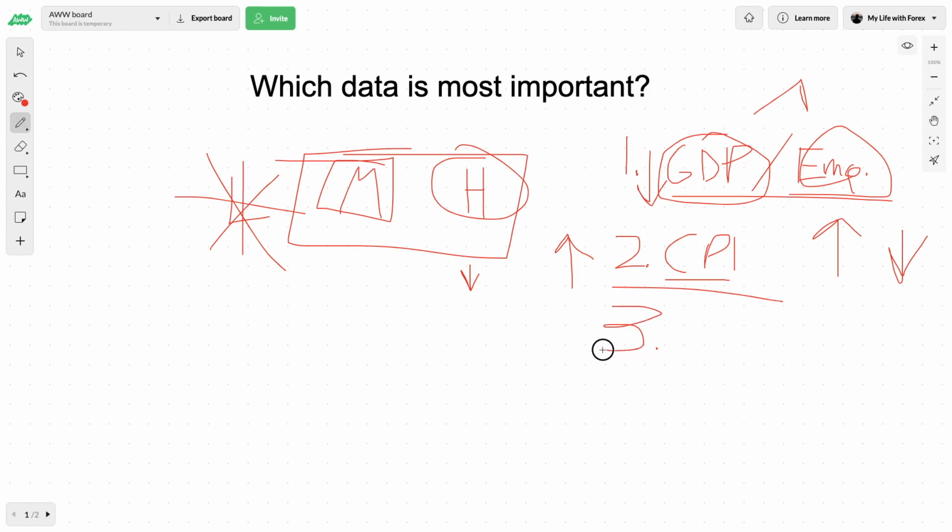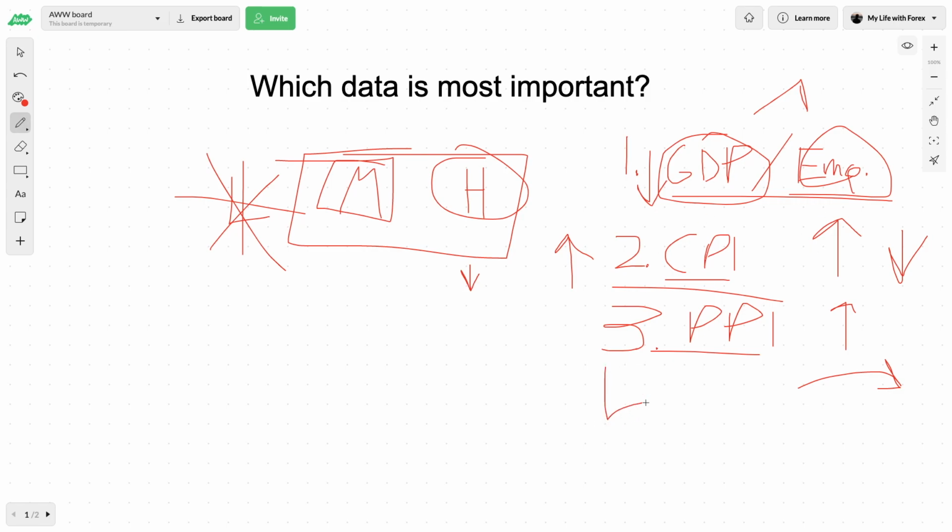Number three, third piece of data is going to be the sort of brother to CPI, PPI, which is Producer Price Index. So this is sort of measuring inflation, but more so on the producer side. So this is still weighed, but not as much as these ones.